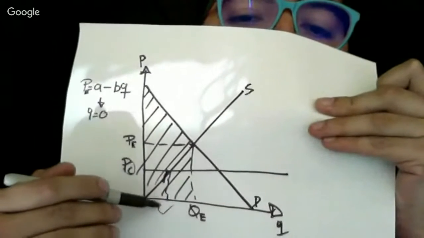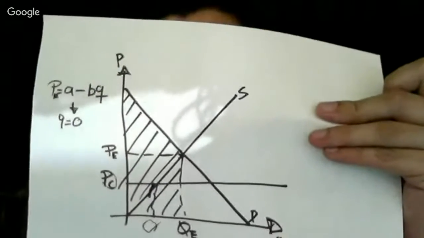This will be the quantity that is going to be sold to consumers. So always when you are being asked how much is being sold to consumers, you have to look where the price intercepts the supply curve.